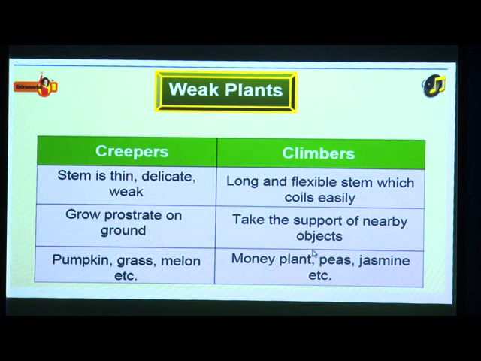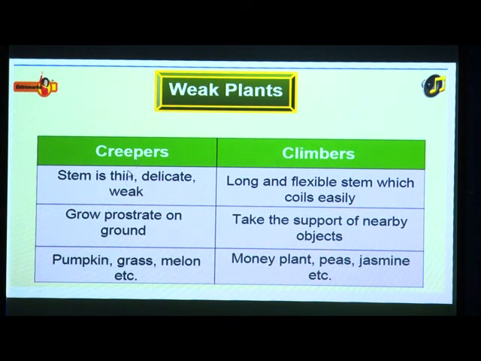You can take the example of a money plant. If we grow a money plant in a pot, to give it support, we can attach a small bamboo to it. With the help of the bamboo, it can climb over it. So, climbers take the support of nearby objects and grow.